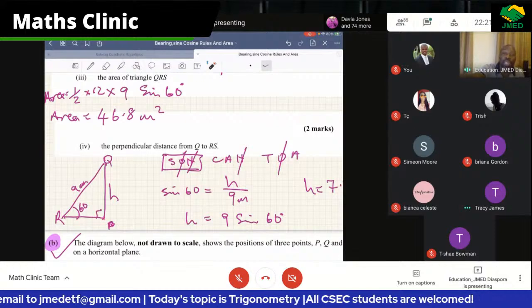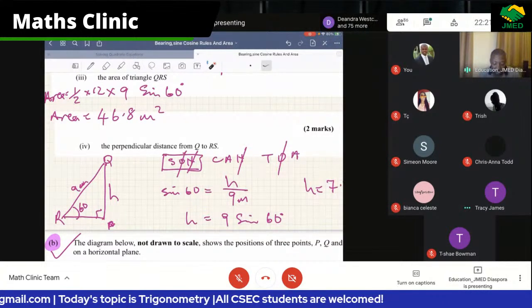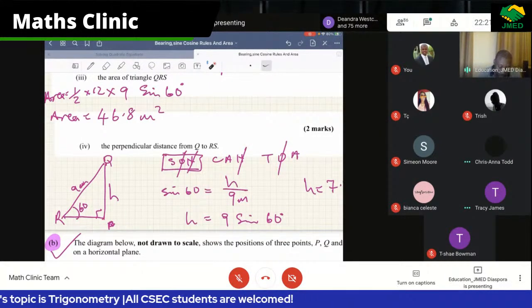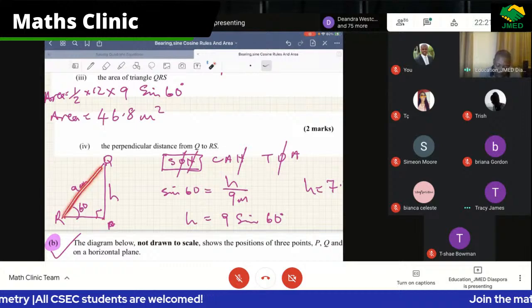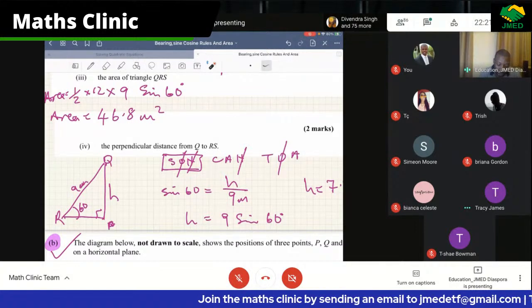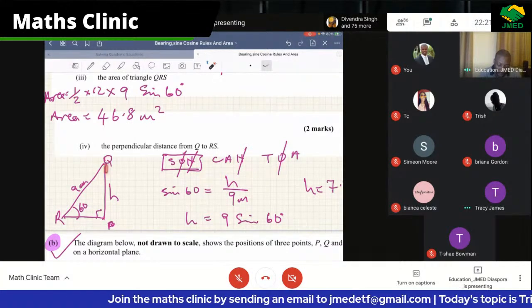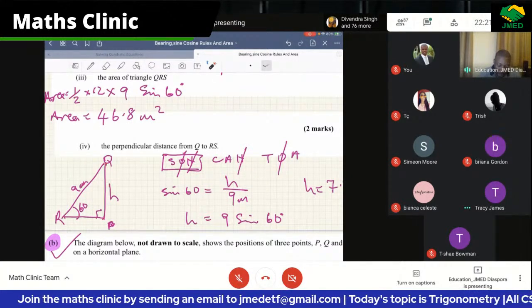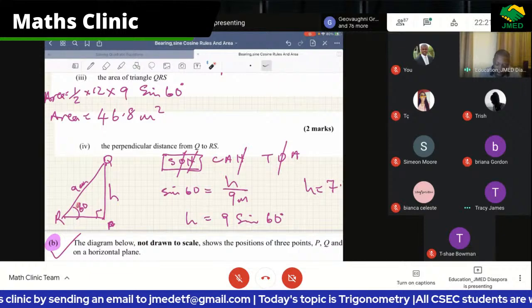After we have done that, we identify the different parts. The part that we identify was the hypotenuse, so we cross the hypotenuse out, which is in those two. Then we recognize that the height is being asked of us, which is the opposite to the angle that is given.